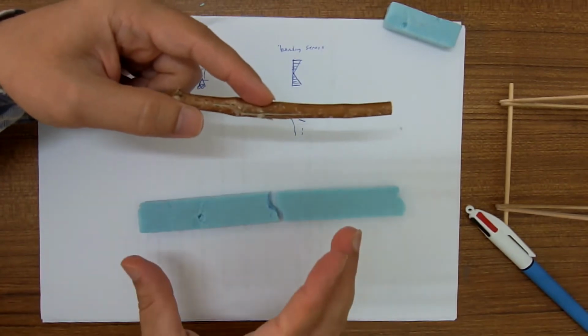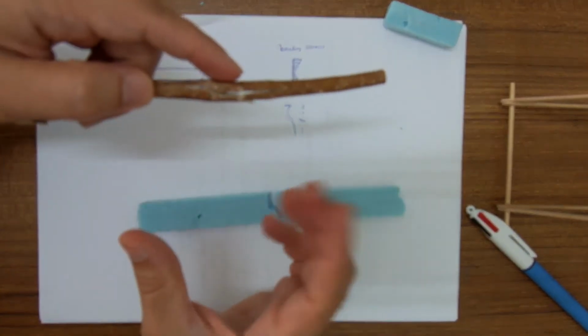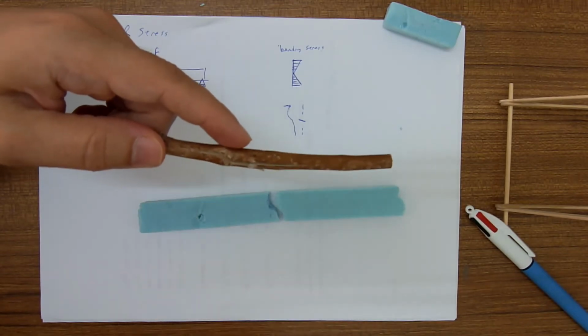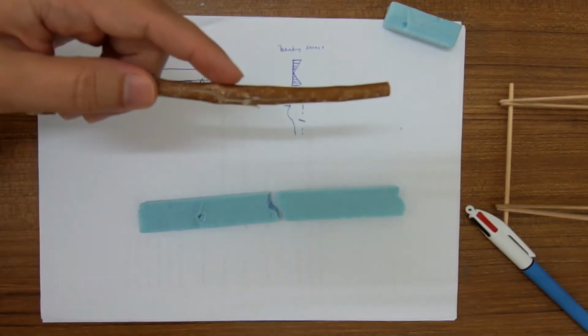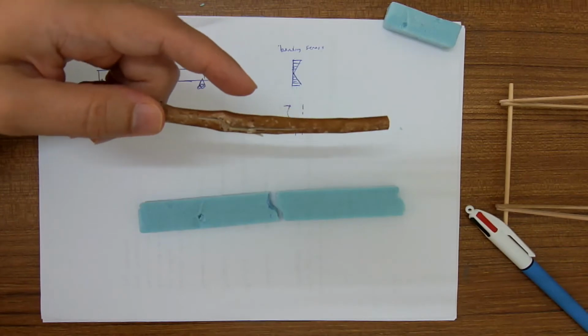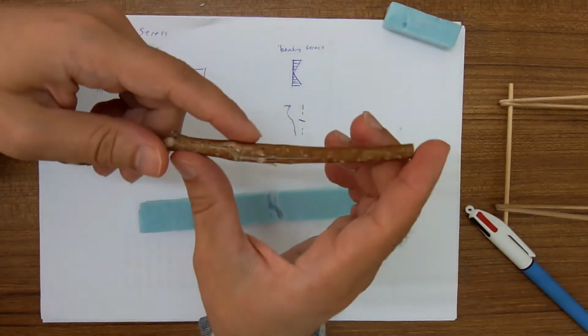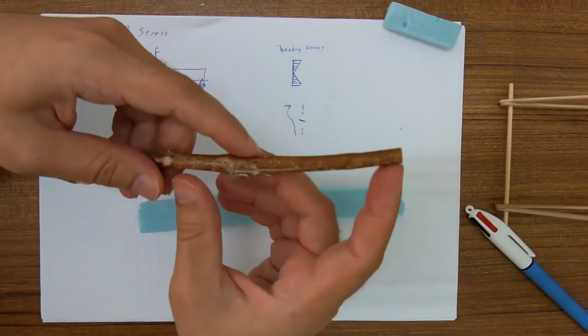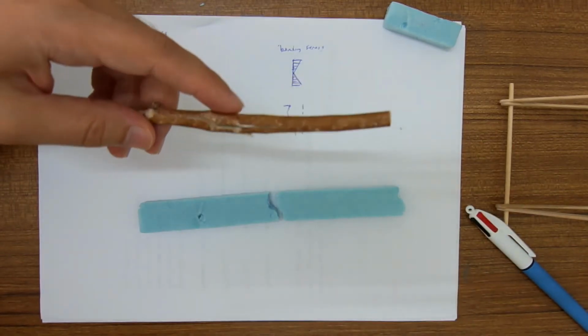So you may apply the same loading, same forces, and you may have the same magnitude of stresses, but the failure can be different, and this is due to the material behavior, the material properties of the structure.